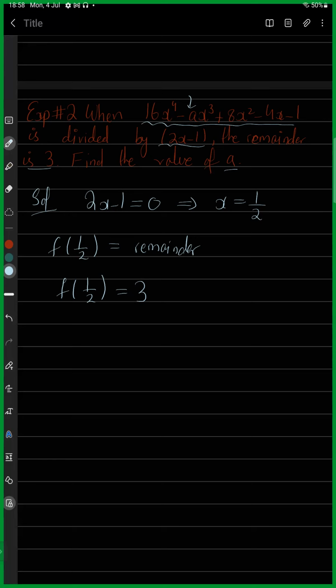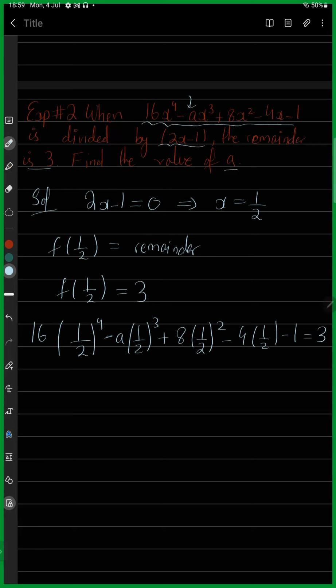Okay, f of 1 by 2 would basically be 16 multiplied by 1 by 2 power 4 minus a into 1 by 2 cubed plus 8 into 1 by 2 squared minus 4 into 1 by 2 minus 1, and this thing is equal to 3. All right, let's just simplify this.